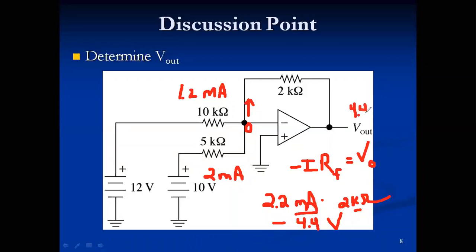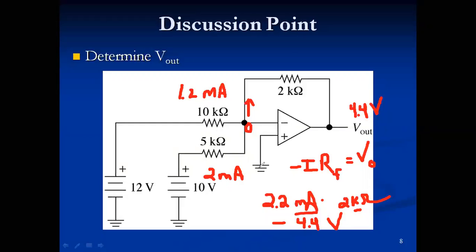Okay? Negative 4.4 volts. Now I want you to notice there is a relationship between the 12 and the 10 and the 4.4. It's not obvious what that relationship is. In the next examples, it will become more obvious, but these configurations will allow you to do arithmetic on the input voltages.